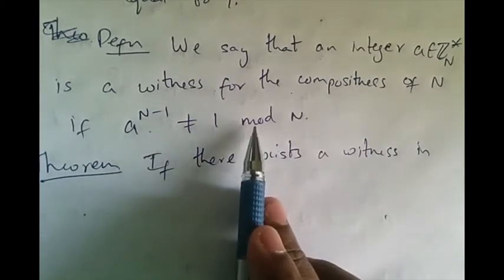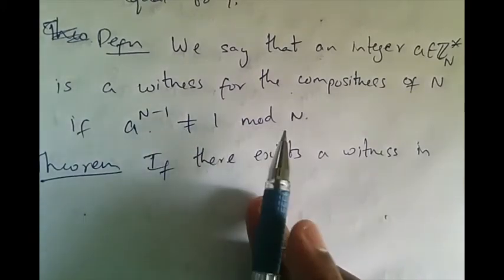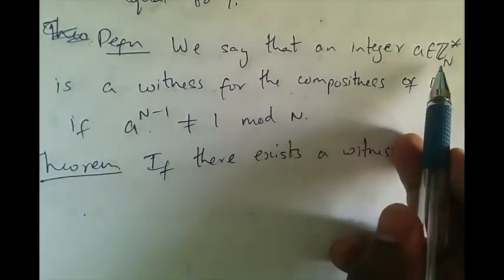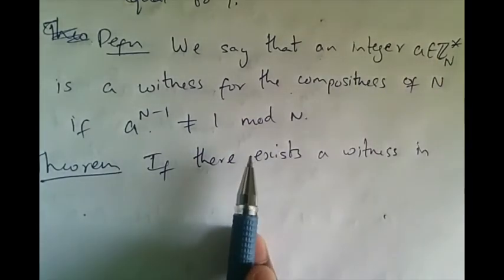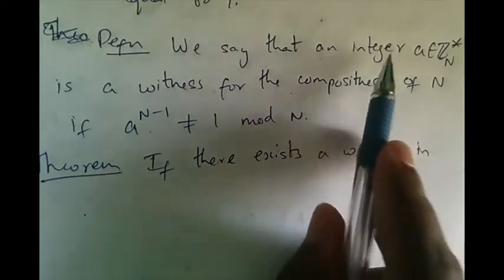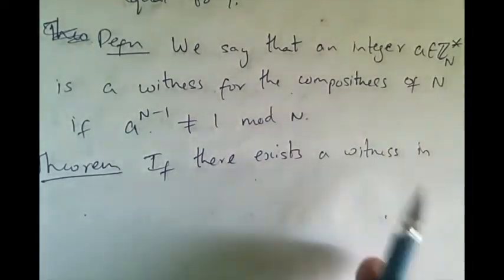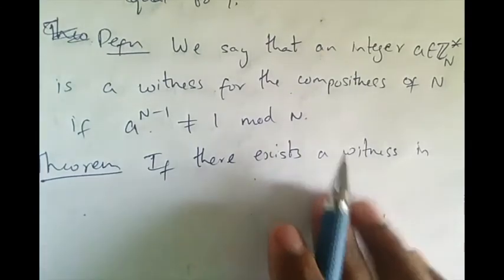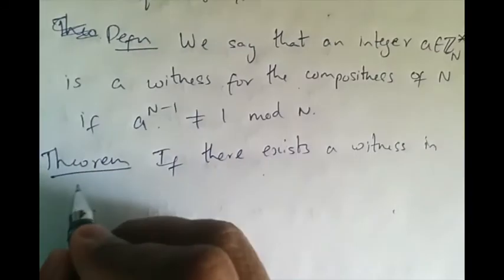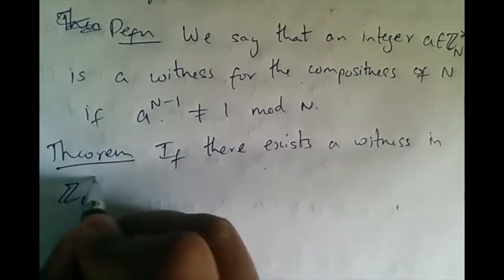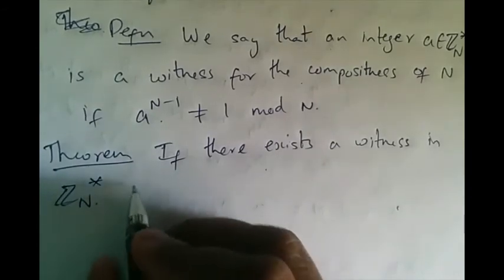We already argued that. But the ambiguity was for the integers which do belong to Zn star, which are the majority of the integers. So when we say witness, we mean integers in Zn star. So if there exists a witness in Zn star, here the Zn star is superfluous because by definition a witness is in Zn star, but I'll just state it here.